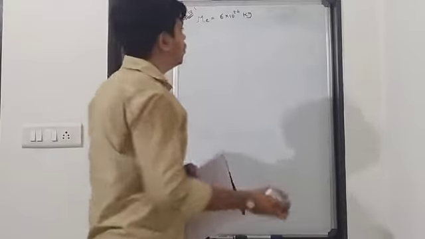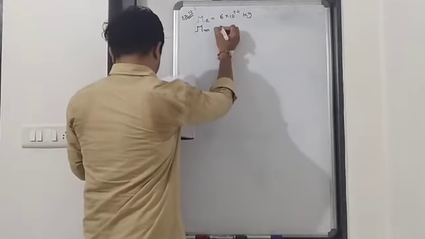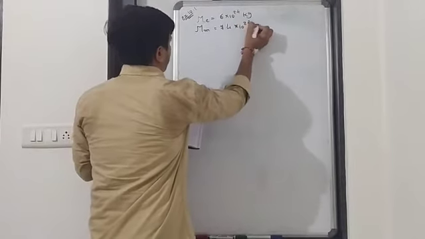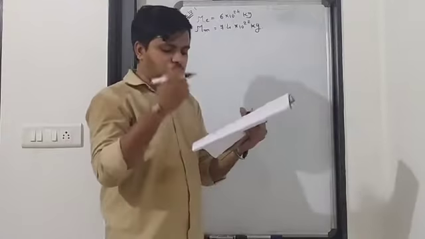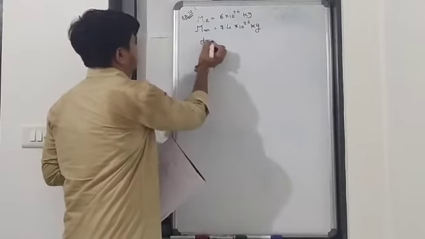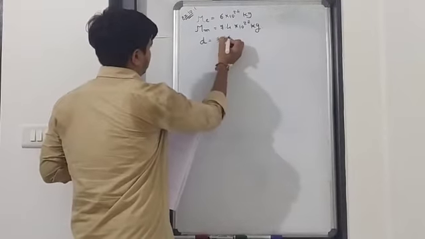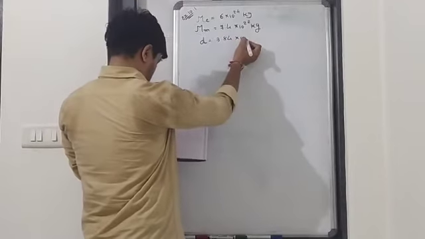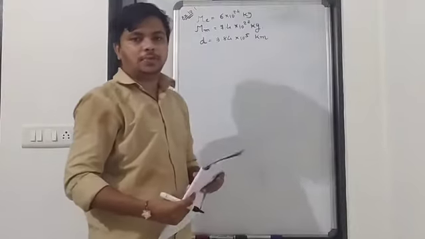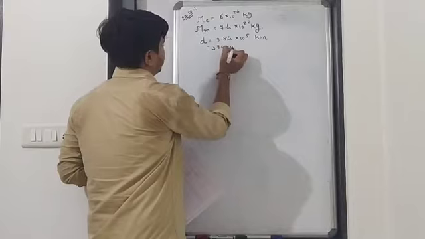And the mass of the Moon, if I take it as M, is 7.4 into 10 raised to 22 kg. And the distance between Earth and Moon, taken as D, is 3.84 into 10 raised to 5 kilometer. You have to convert this kilometer into meter.